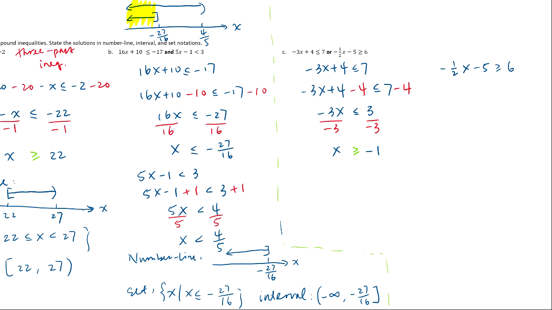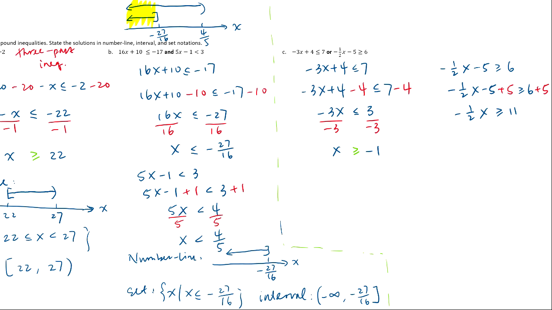Now similarly, on the other inequality, we would have negative 1/2 x minus 5. We can add 5 on both sides just to get the variable term by itself. And once we do that, we're going to get negative 1/2 x is greater than or equal to 11.